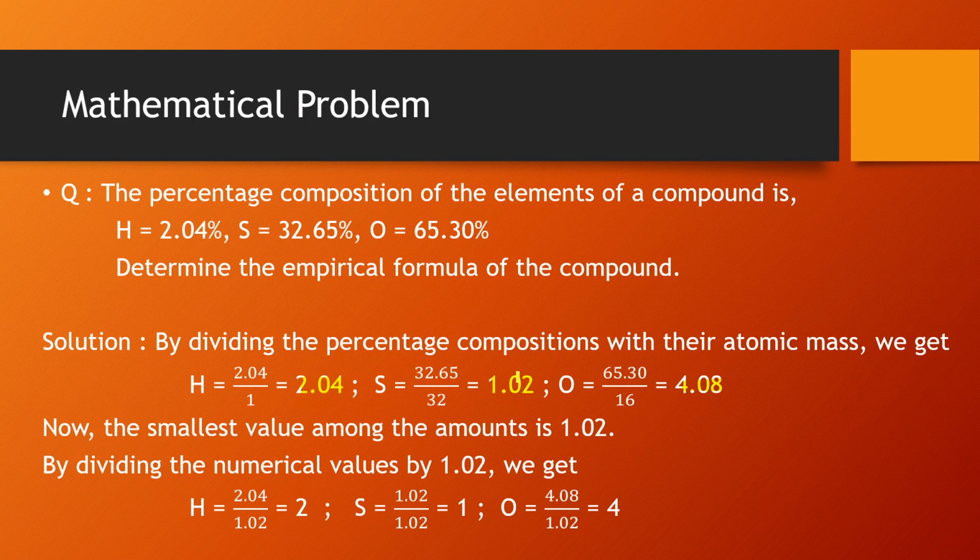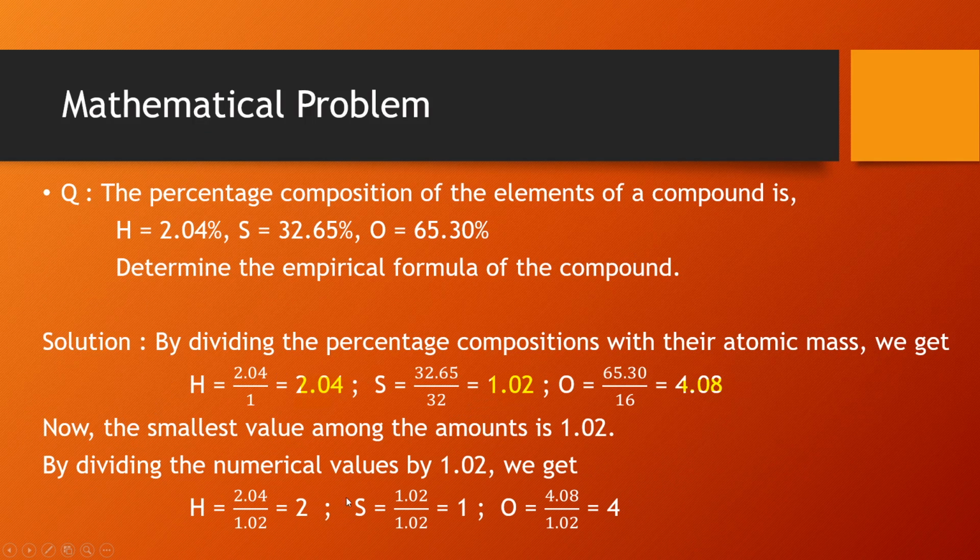Here 1.02 is the smallest value among these three values. So we have to divide the values again by the smallest value we have obtained. So here the second part is going on.